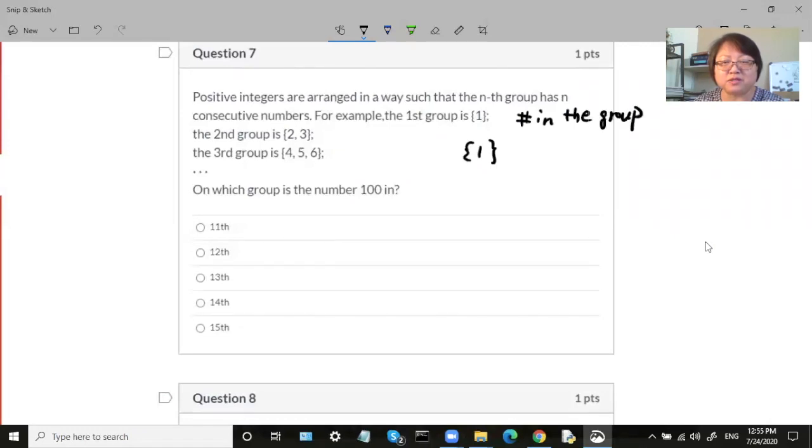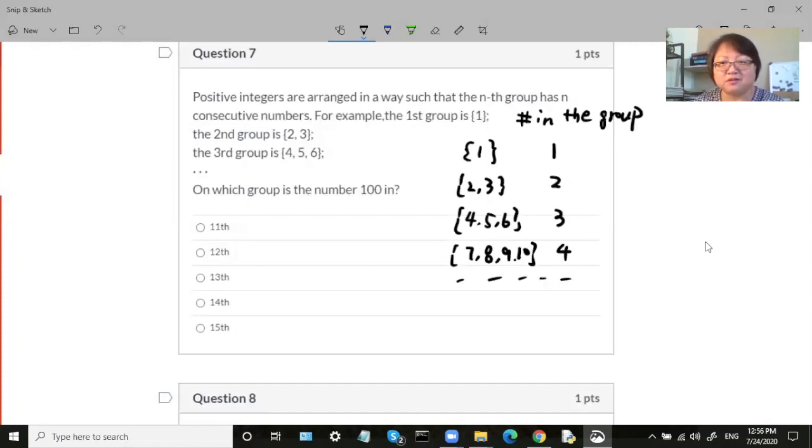So how many numbers are in each group? The first group is only one number. Then we have 2, 3, which is 2 numbers, and 4, 5, 6, 3 numbers, and 7, 8, 9, 10, 4 numbers. So it will go on like this.